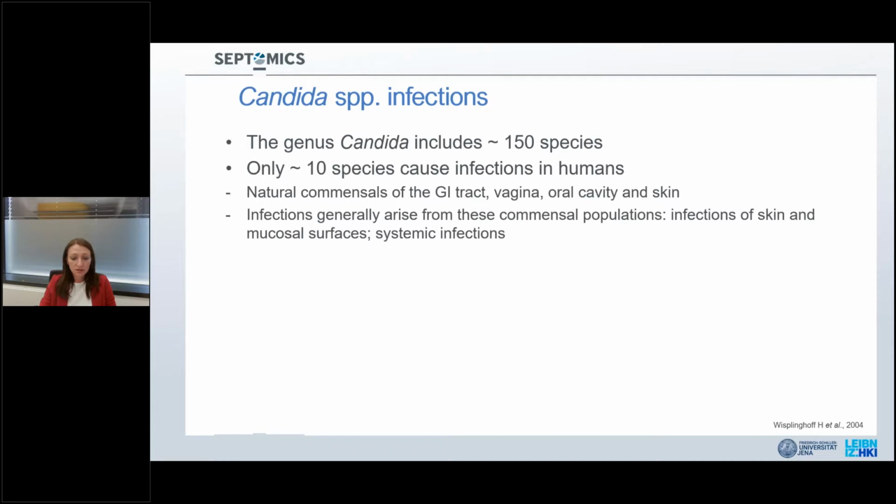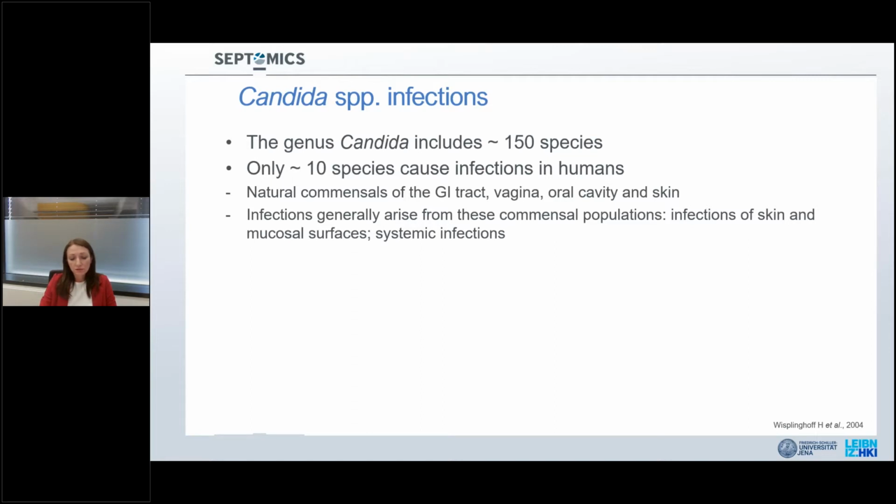These pathogens are usually natural commensals of various host niches, such as the GI tract, the oral cavity, and the skin of healthy individuals. But in individuals with weakened or compromised immune systems, they can cause infections ranging from infections of the skin and mucosal surfaces to systemic and often deadly infections.